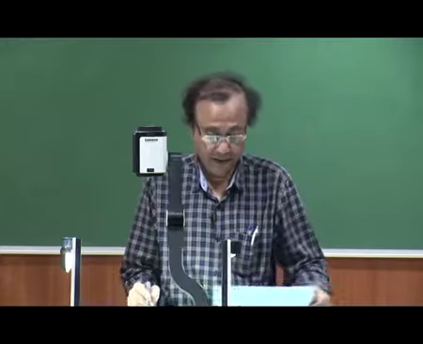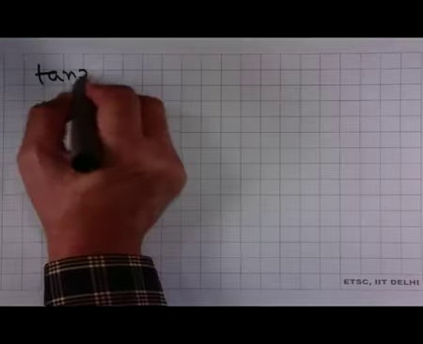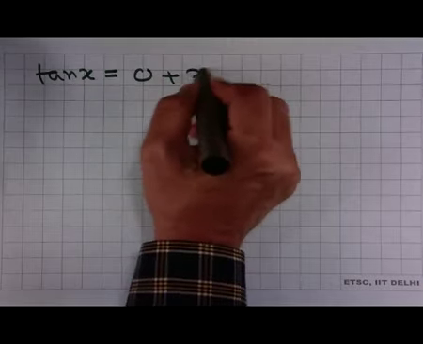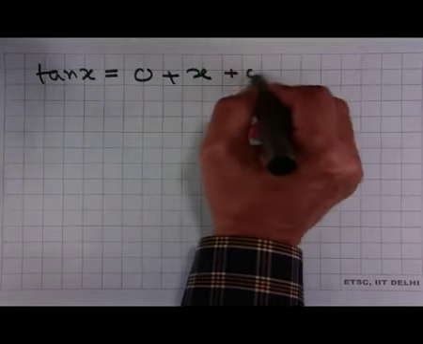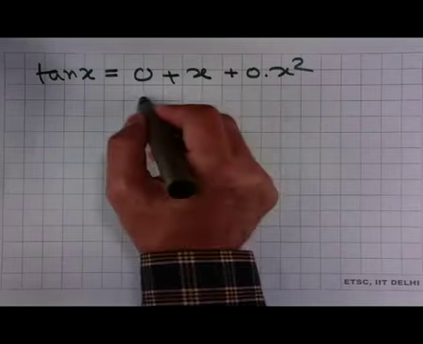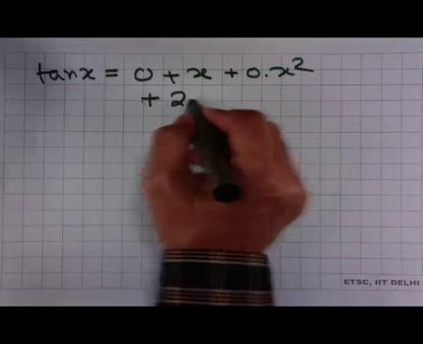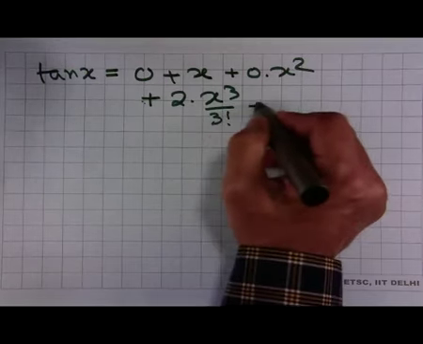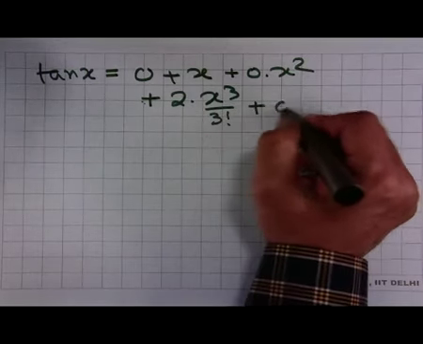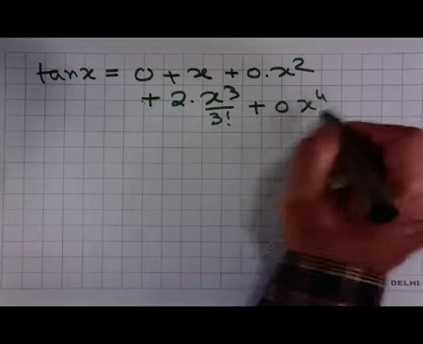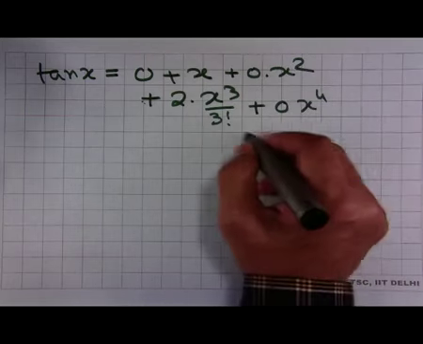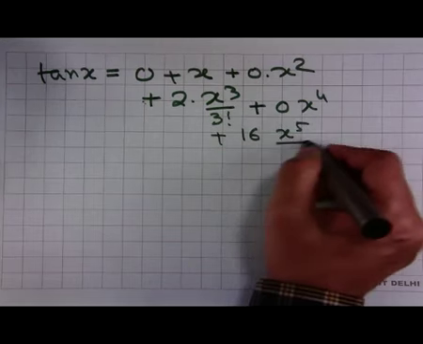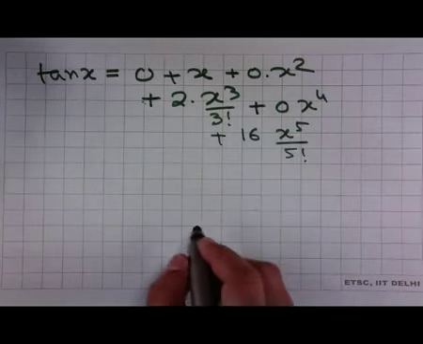On simplification, we get tan x is equal to 0 plus x plus 0 times x square plus 2 into x cube upon factorial 3 plus 0 times x to the power 4 plus 16 times x to the power 5 upon factorial 5.